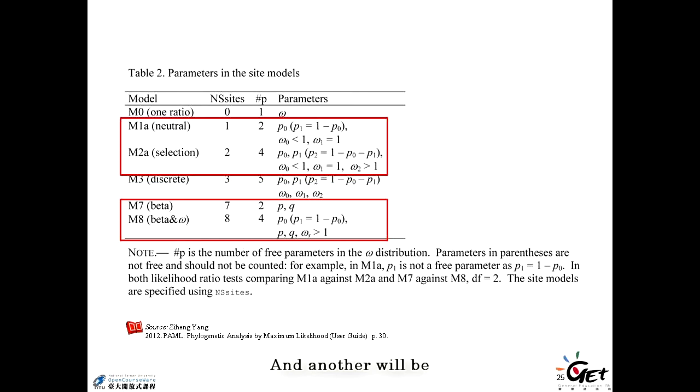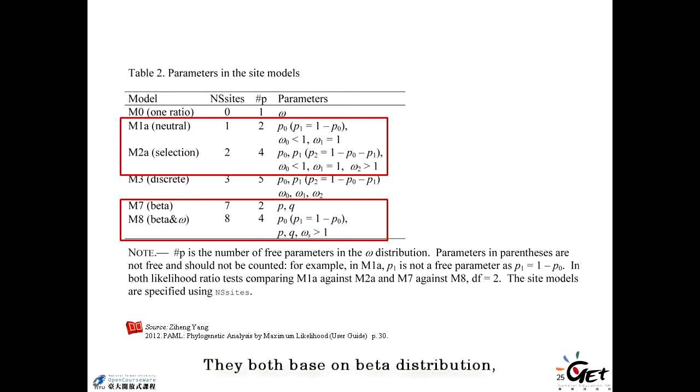And another will follow the beta distribution assumption. That's model 7 and 8. So model 7 and 8 are similar to the previous one. One is based on a more neutral hypothesis. The other will be based on a different distribution.